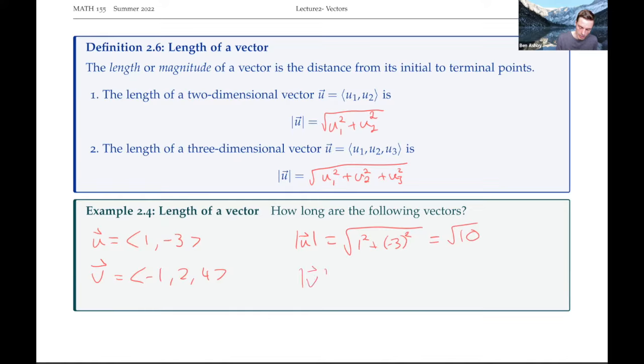And the magnitude of v is going to equal the square root of minus 1 squared plus 2 squared plus 4 squared. So 4 squared is 16, 2 squared is 4, and minus 1 squared is 1. So this is the square root of 21. So exactly what we've learned for working out the distance between 2 points, we can use to work out the length of a vector, because a vector is just describing the movement from one point to another.